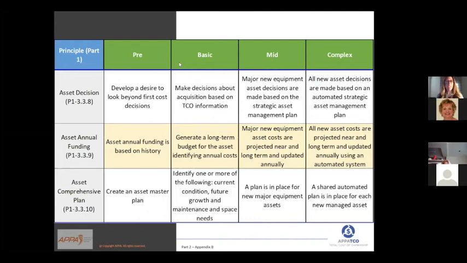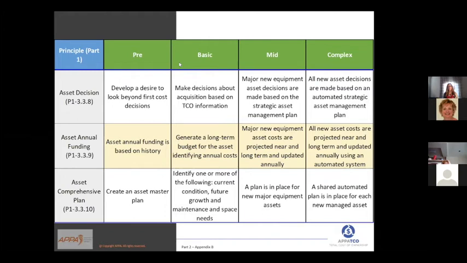So the asset annual funding, remember that's the one that is part of that basic six principles that need to be implemented. So I've highlighted that one. And basically, it is generating that long-term budget for the asset, identifying annual costs.